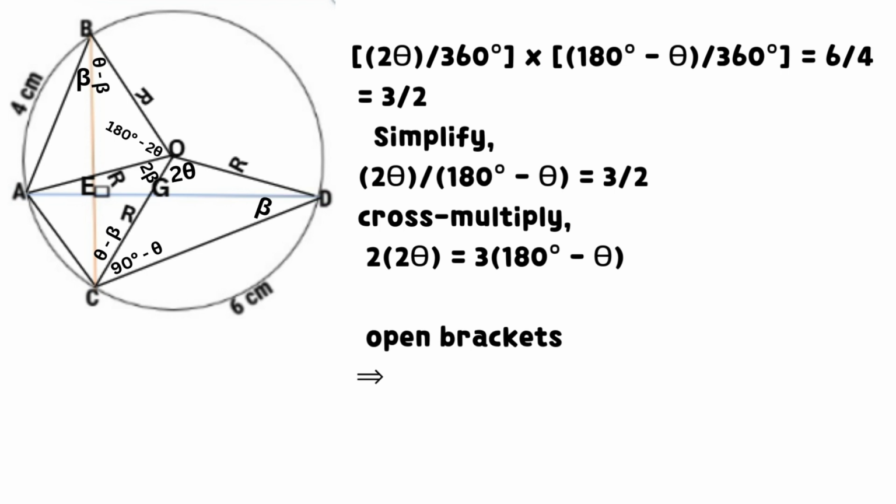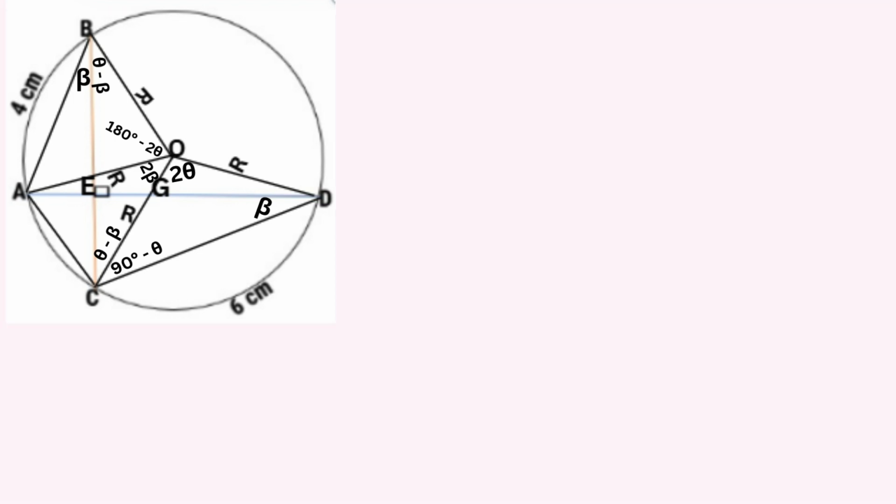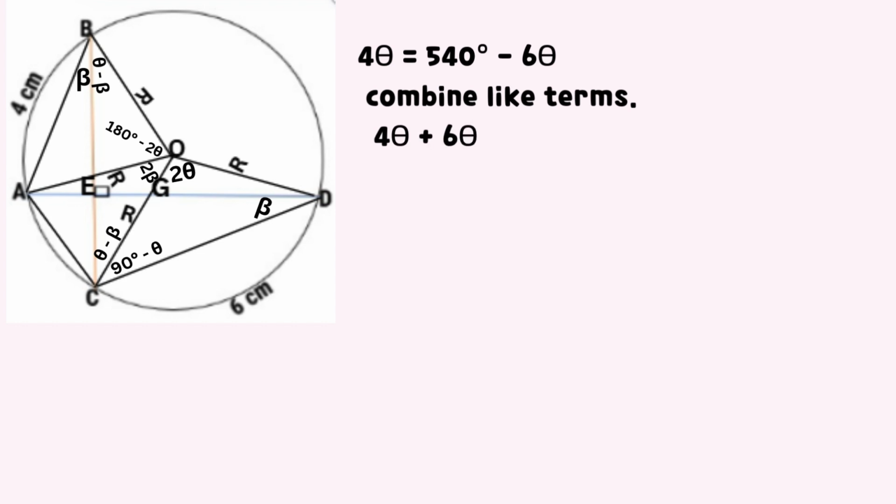Then, cross-multiply. 2 times the product of 2 and theta equals 3 times 180 degrees minus theta. Open brackets. Four times theta equals 540 degrees minus 6 times theta.